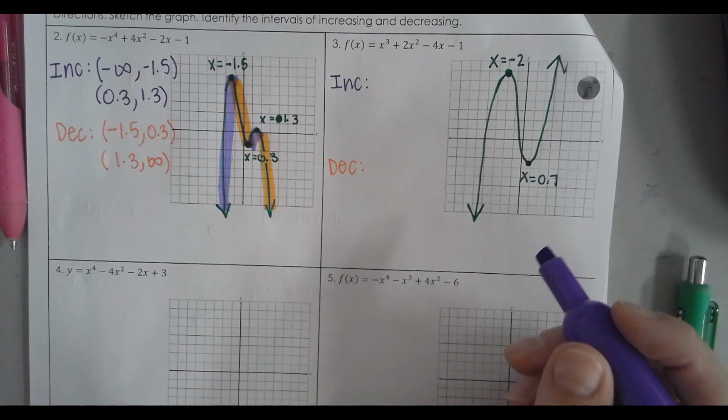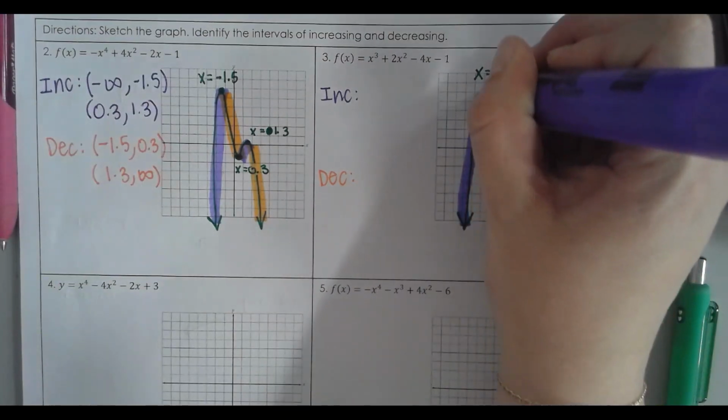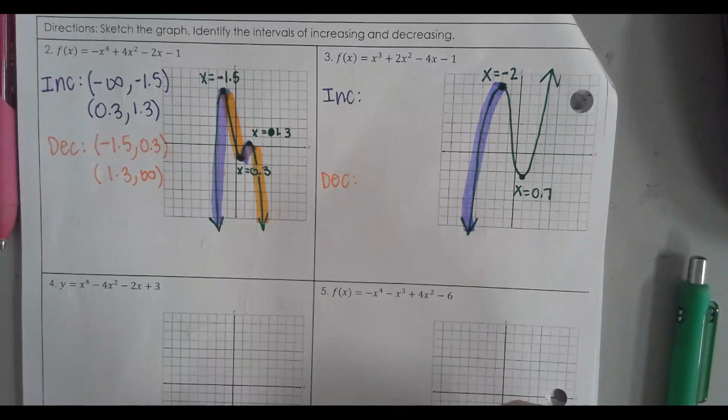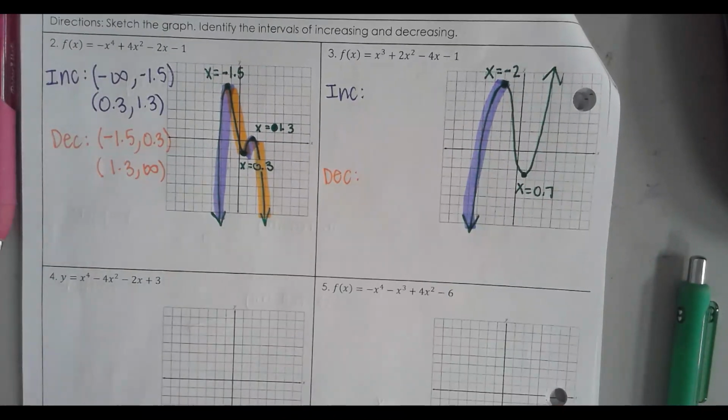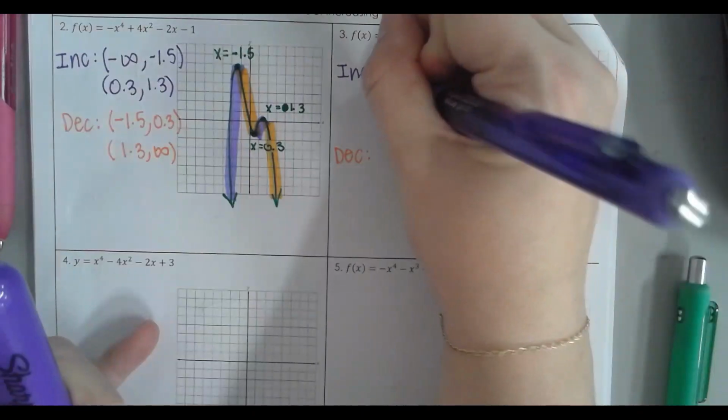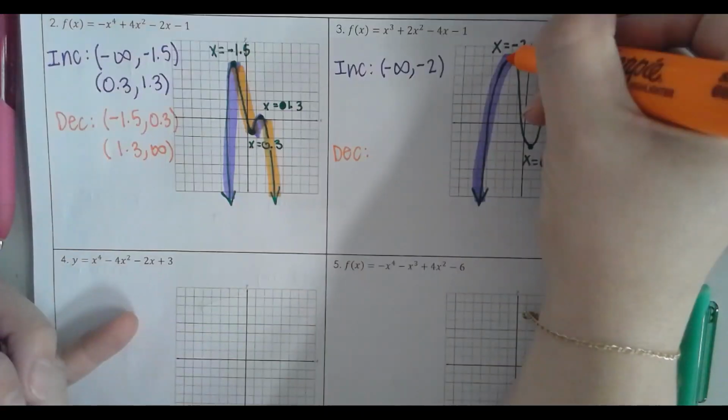Increasing or decreasing? Increasing. It's just been coincidence that all of these have started increasing. So, where does it start at? Negative infinity to what?